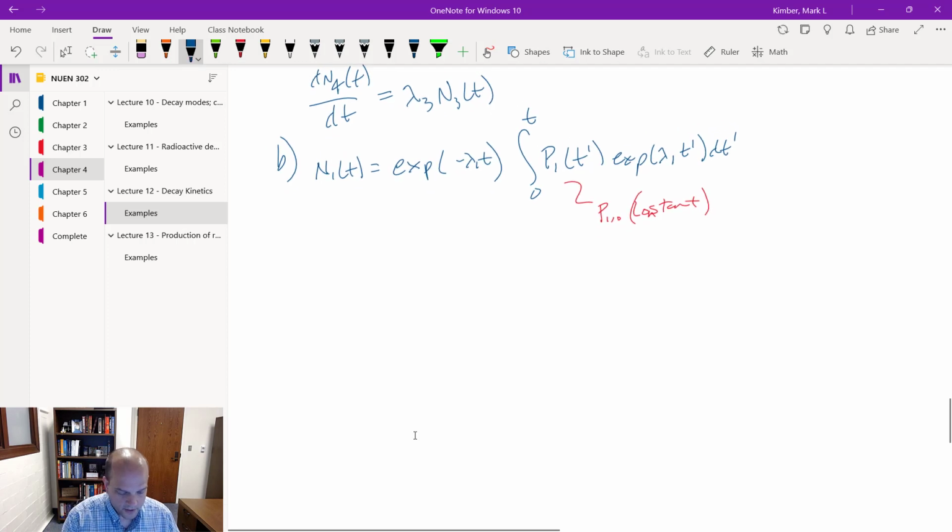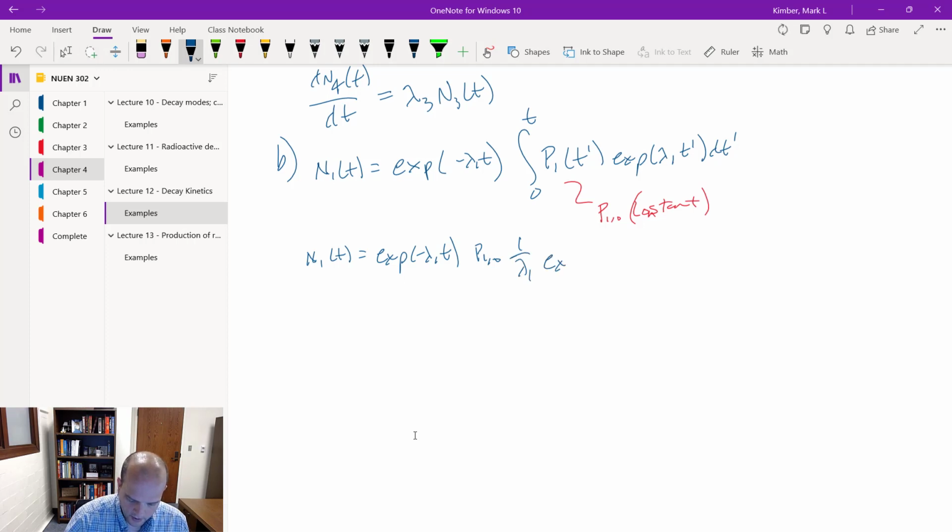And once I do that, I find N1 of t equals the exponential of minus lambda 1 t times P1 naught. And then I integrate the remaining exponential term, and that just becomes 1 over lambda 1 times the exponential of lambda 1 t, and then I evaluate that from 0 to t.